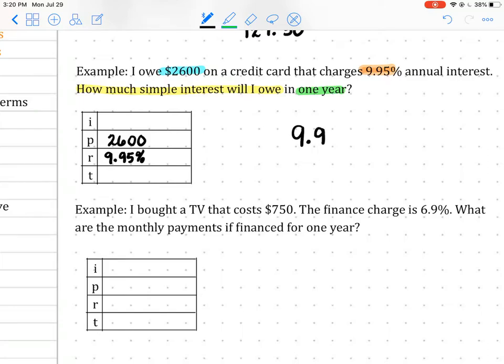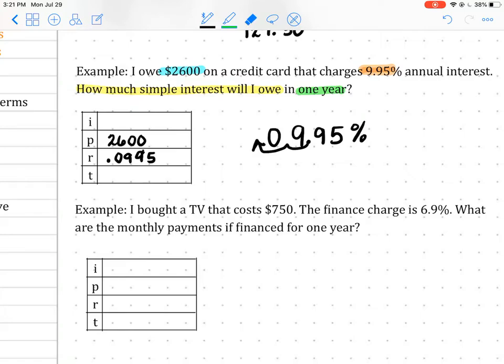I'm going to erase this, but let me show you up close how this works. Remember to change your percent to a decimal. You're going to move 1, 2. So what we're looking at here, I'm going to have to erase this, guys, I'm sorry, is 0.0995.